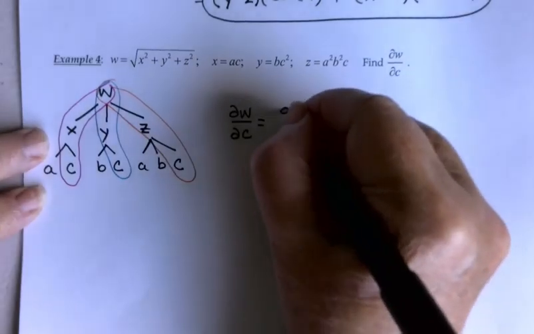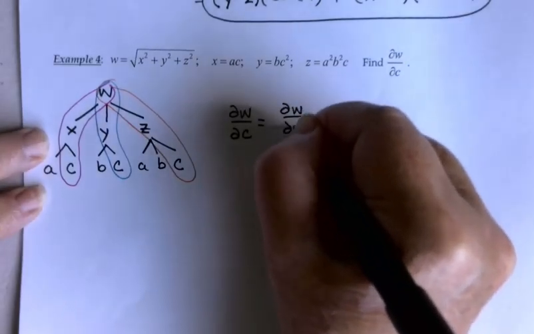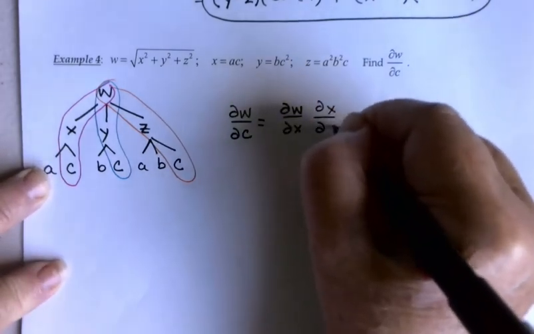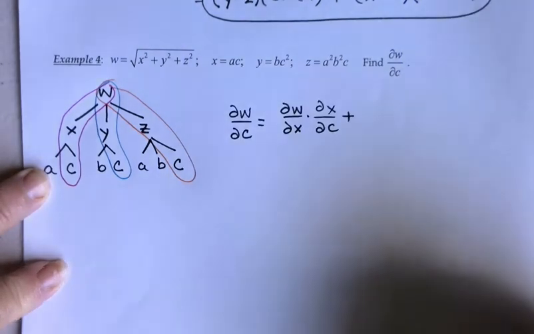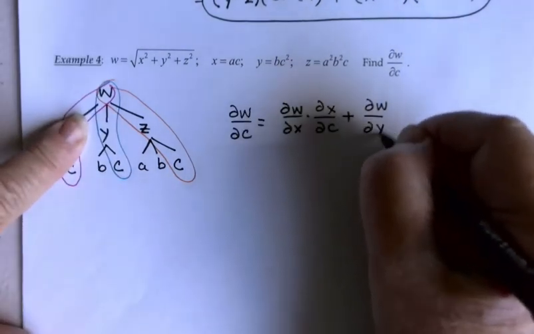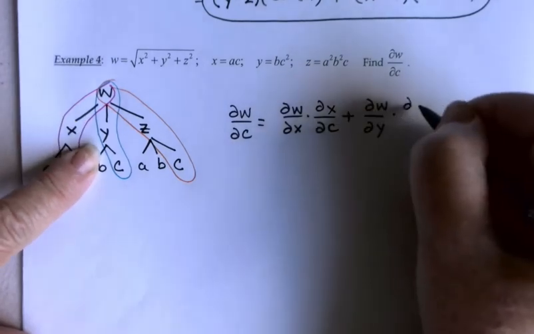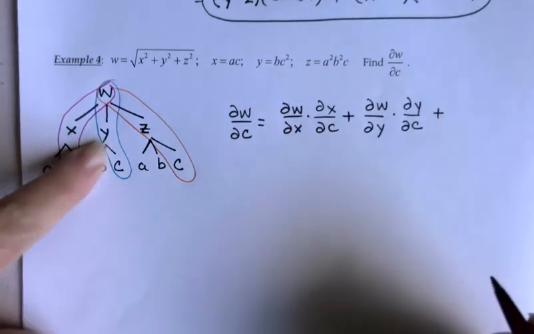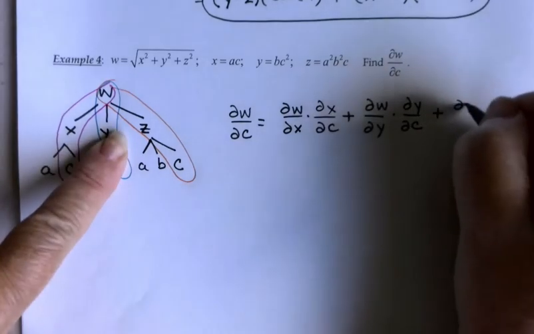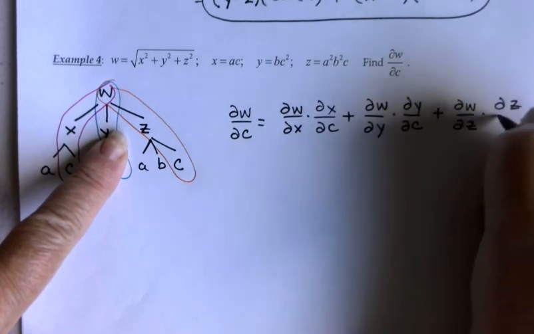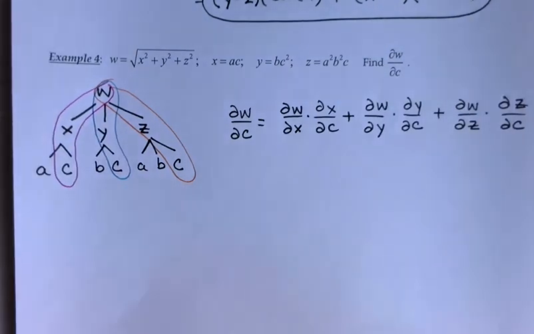First one would be partial of w with respect to x, and then partial of x with respect to c, plus the second one, w with respect to y, times derivative of y with respect to c, and then the third one, w with respect to z, times the derivative of z with respect to c. So a bunch of derivatives to do here.